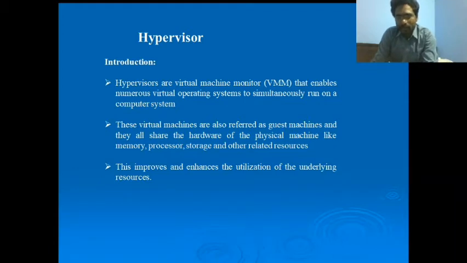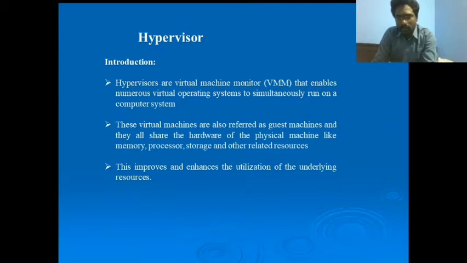Being able to run more than one operating system virtually in a computer system is what is called a hypervisor. These virtual machines are also referred to as guest machines, and they share the hardware of the physical machine, like memory, processor, storage and other related resources.